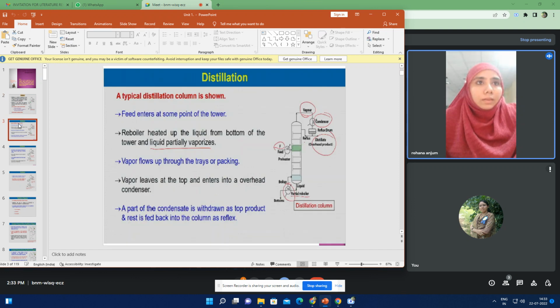Coming to the next, this is a typical distillation column as shown over here, and we can see how the operation takes place in the distillation column.